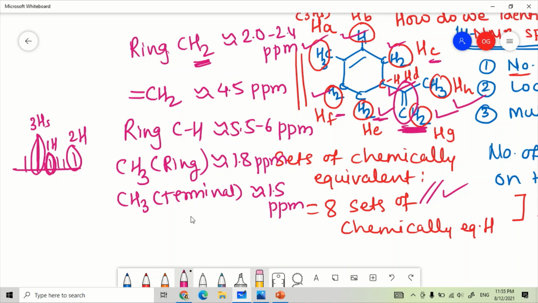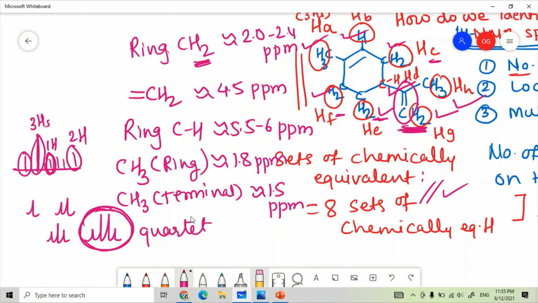And in NMR, peaks are not in this line form; they are either singlet, doublet, triplet or quartet. This is the multiplicity of each peak. This is one peak, which is called a quartet. Again this is one peak which is called a doublet, and this is one peak which is called a triplet.